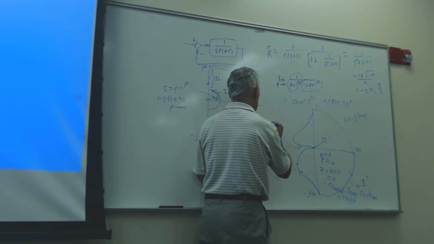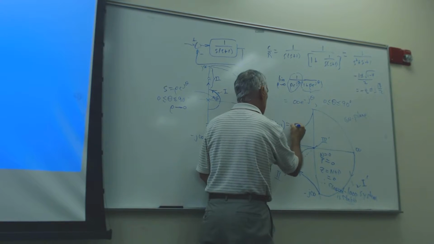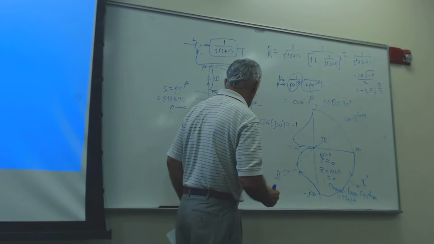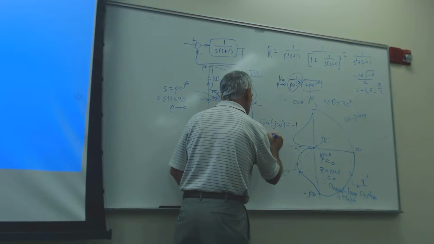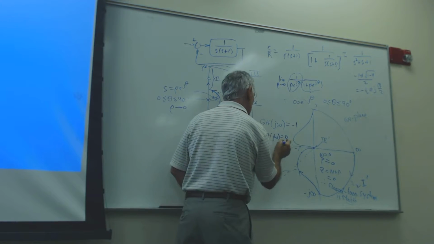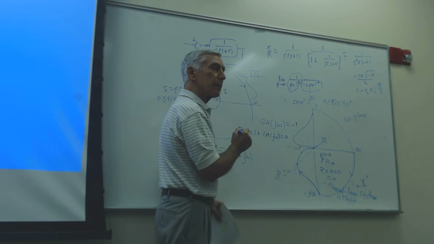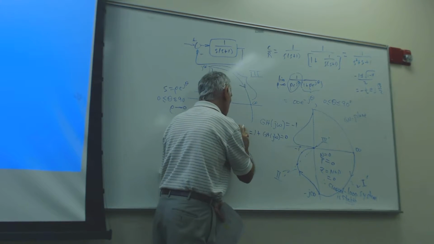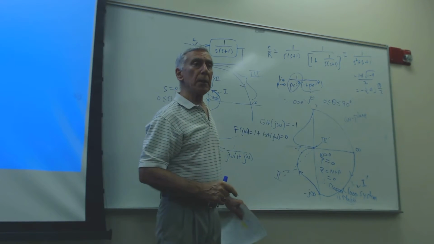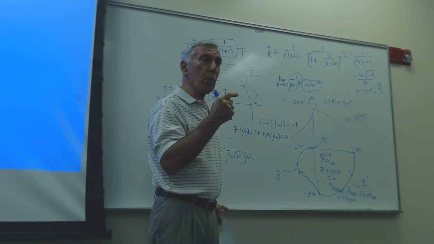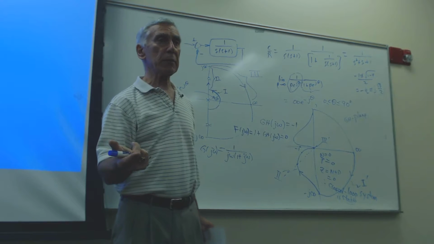So GH for a certain frequency omega is equal to -1. And therefore, 1 plus GH at that frequency is 0. Remember that this is what we called F of S, F of j omega, where we're setting S equal to j omega. And remember this is just the denominator of the closed loop transfer function.